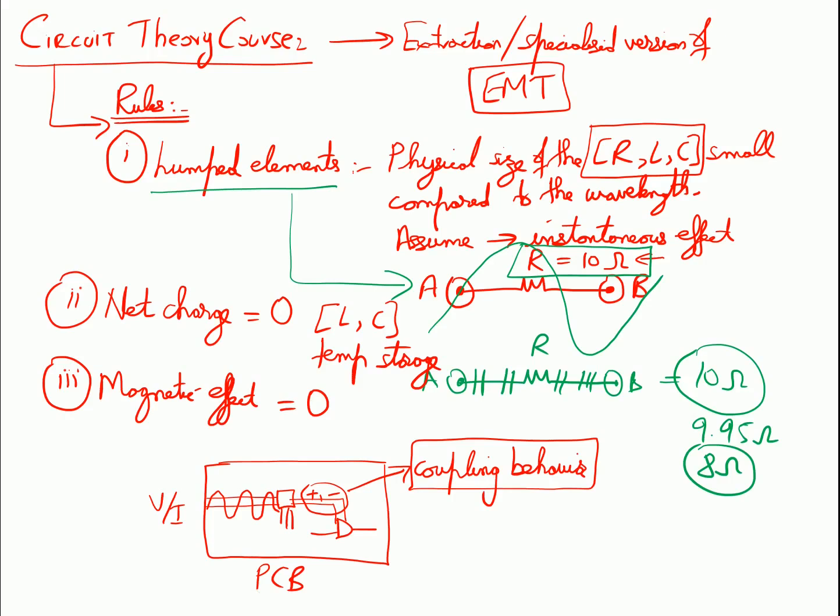So this means that the basic postulates, the three we assumed for circuit analysis, cannot be applied on this PCB because the coupling effect is going to exist between the elements.